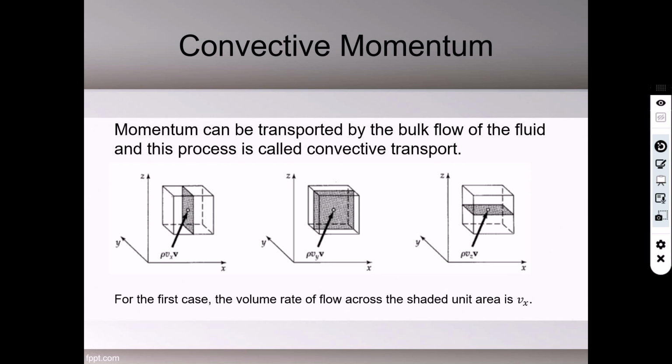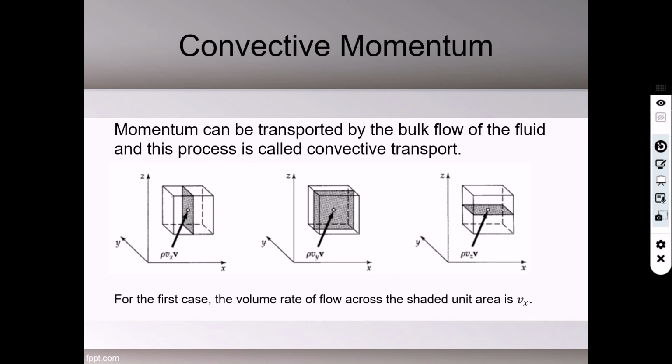But you have dm/dt because the mass continues flowing. And your dm/dt should be your mass flow rate, right? So the only thing you need to do to get a force is multiply this mass flow rate by the velocity.